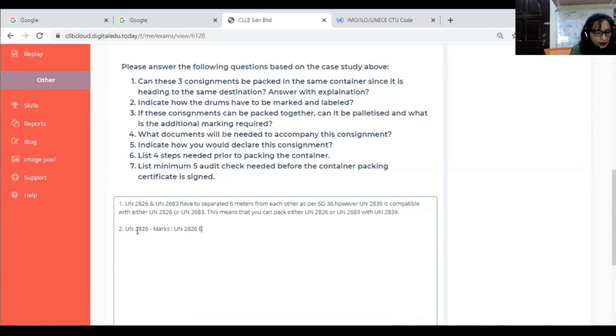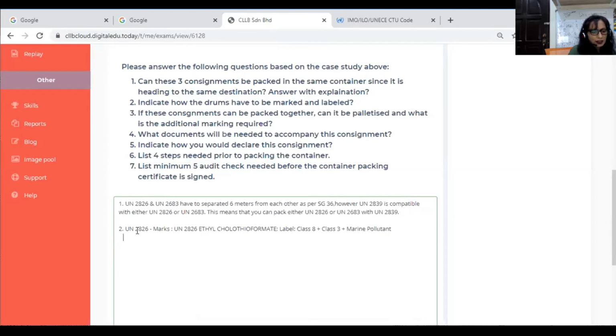Then semicolon, labels. Now you indicate the class: class 8, subsidiary class 3, and MP. Class 8 plus class 3 plus marine pollutant.